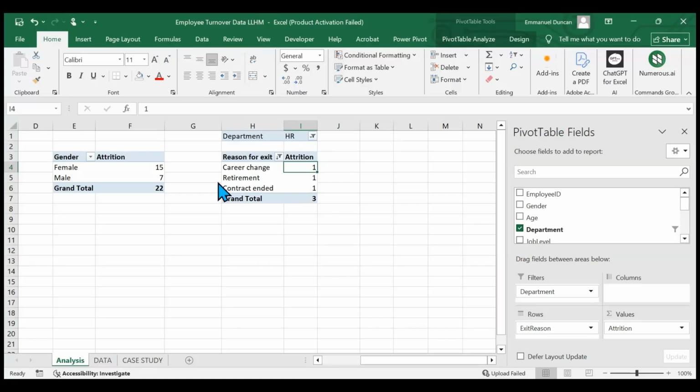Let us do it for logistics. We have retirement and health issues. I think we have two people from the logistics department.